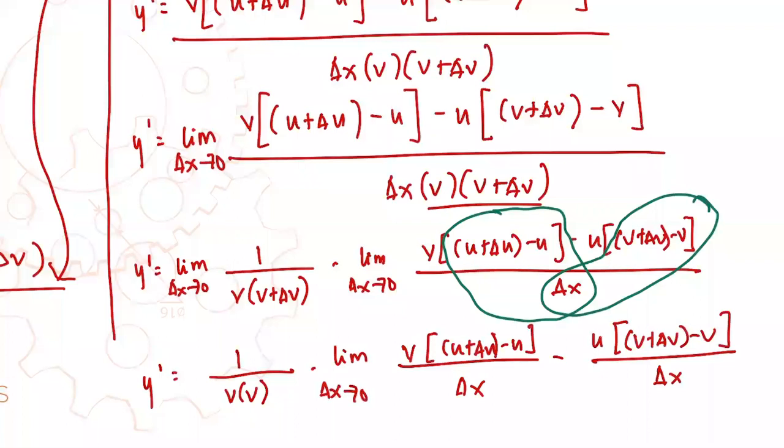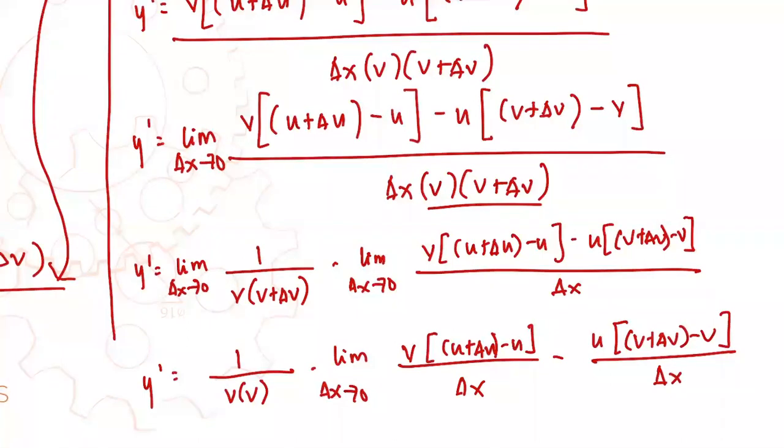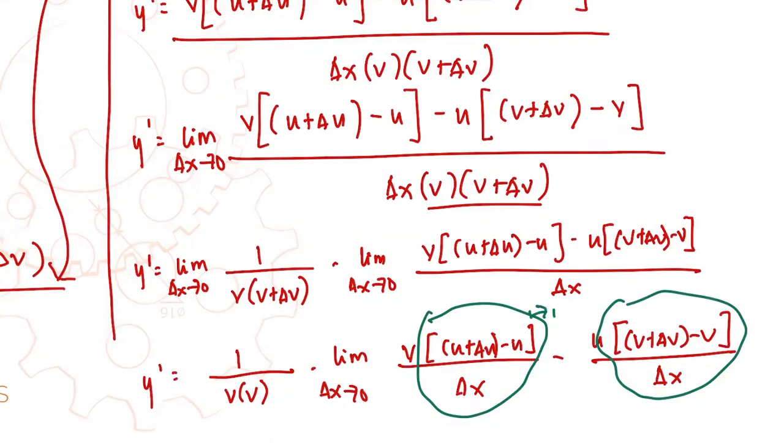Okay? So, buburahin ko lang to para hindi mali. Then itong term na to ay equal sa derivative ng u, tapos ito ay equal sa derivative ng v. Okay? So, pag sinimplify natin yung mismong equation natin, y prime is equals to 1 over v squared times v u prime minus u v prime.